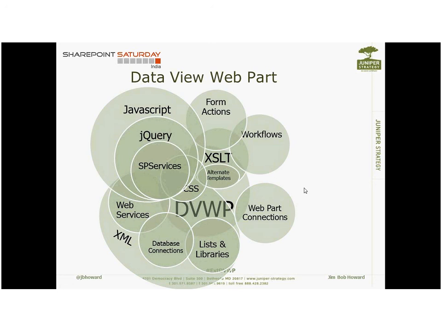So if I pass in sales greater than 50,000, for example, and so I say, my sales limit is 50,000, I pass that in as a query string. I set my filter that takes that directly from the query string, and it's all done right there in the GUI wizard that's in the DataView webpart. Then it gives you even more functionality to be able to filter things and show it.